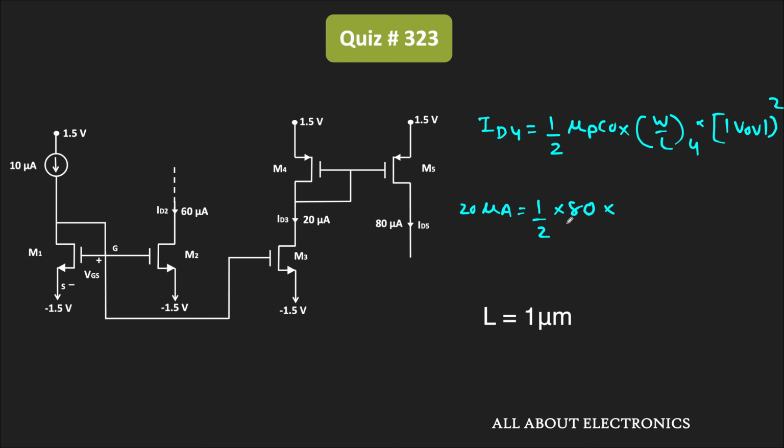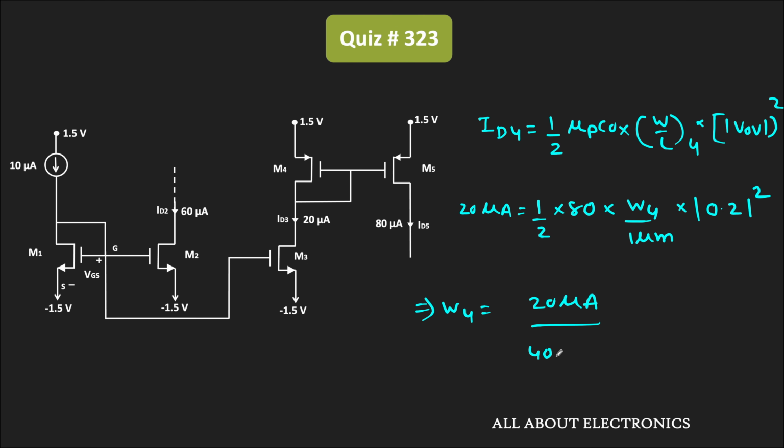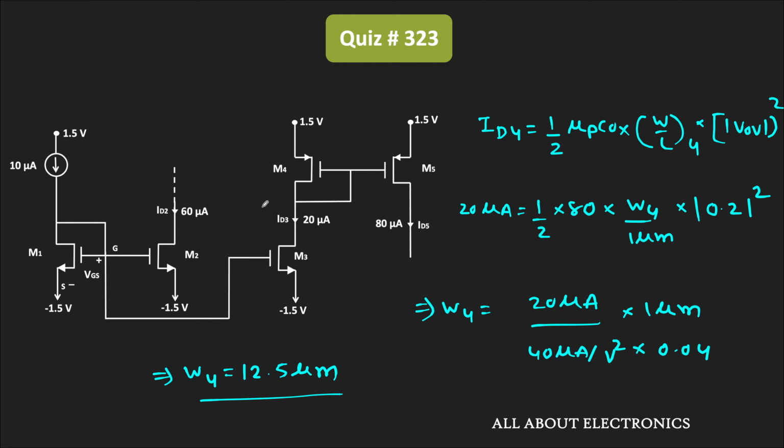That means half times 80 microampere per volt square times W divided by 1 micrometer times 0.2 whole square. So from this we can say that the width of this 4 transistor or the W4 will be equal to 20 microampere divided by 40 microampere per volt square times 0.04 times 1 micrometer. That means the width of this 4th transistor is equal to 12.5 micron. So in this way we got the value of the W4.